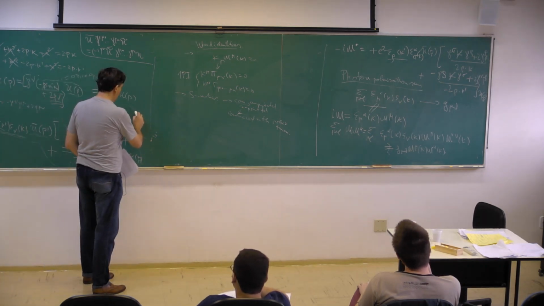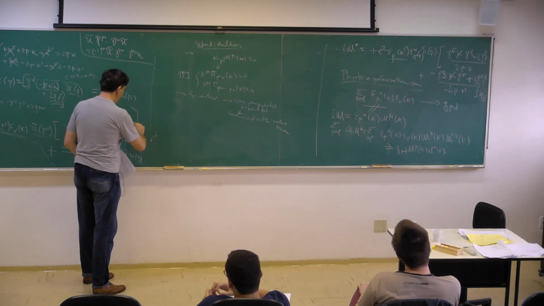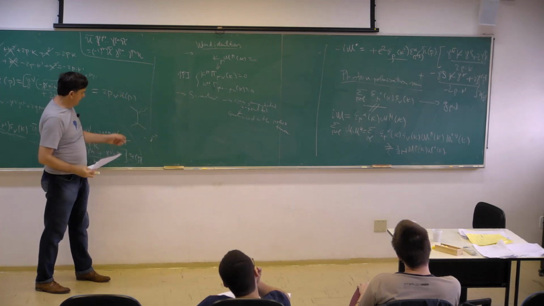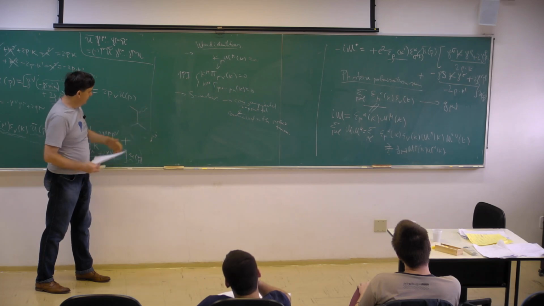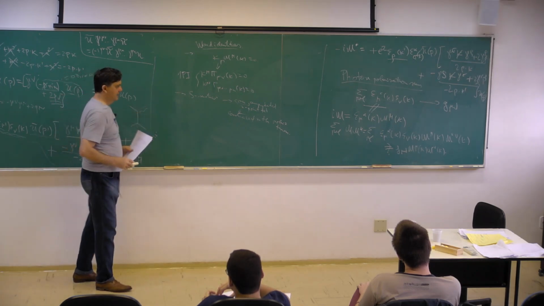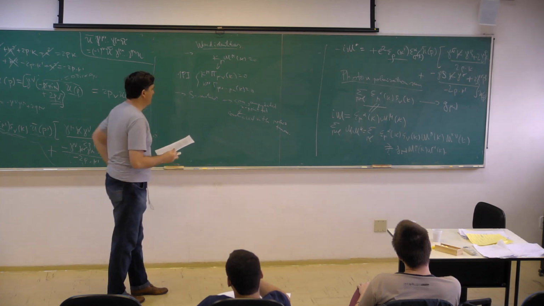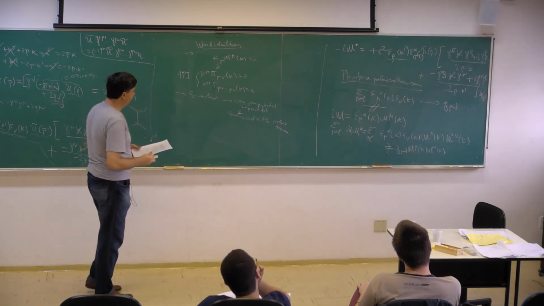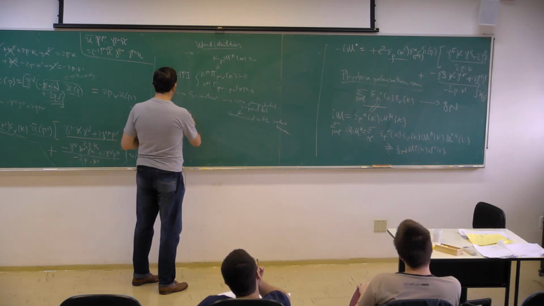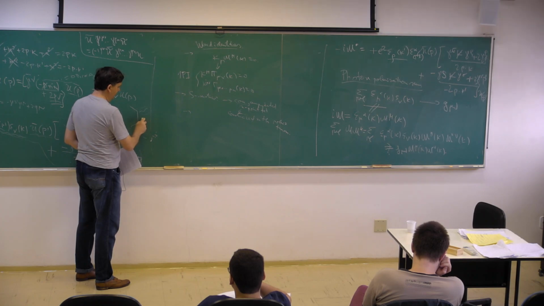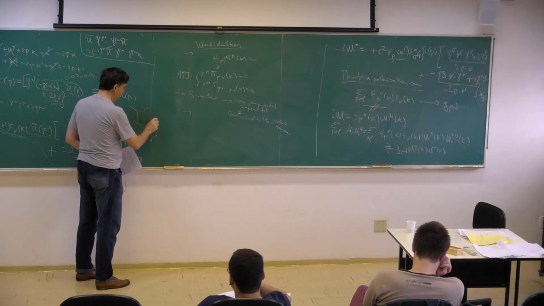So, in the case of this diagram, these were external lines, which are polarization tensors, and the remaining thing was a 1PI object. Well, sorry, this is not 1PI, but corrections would be 1PI.